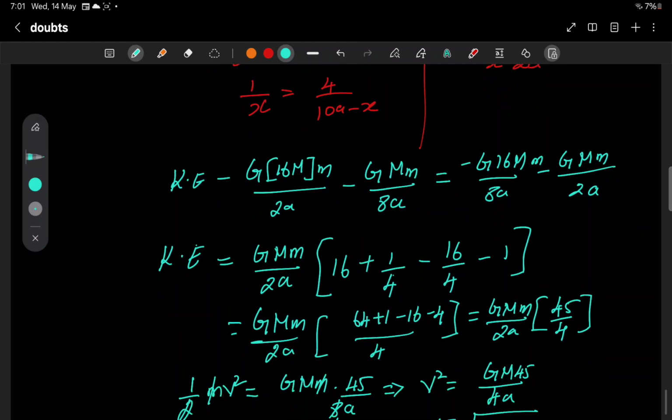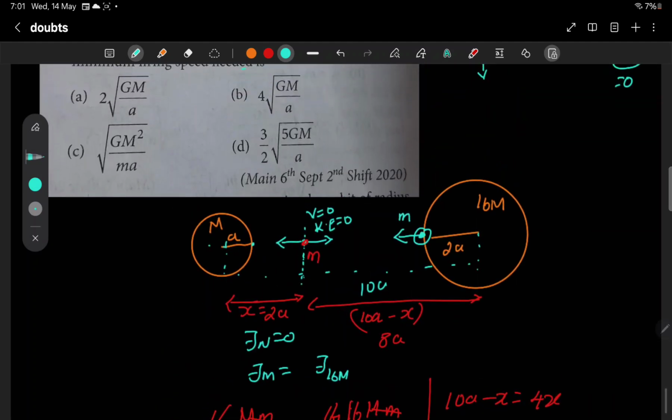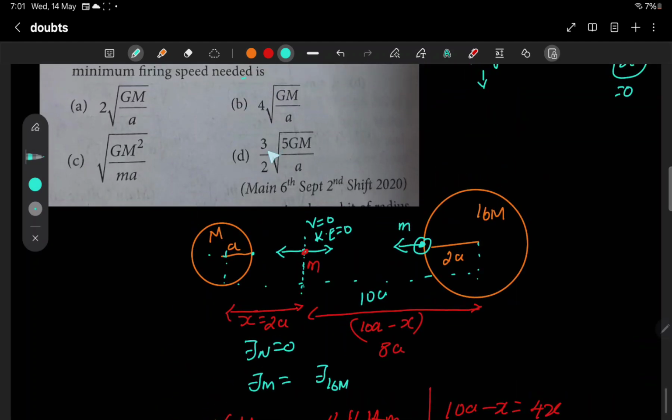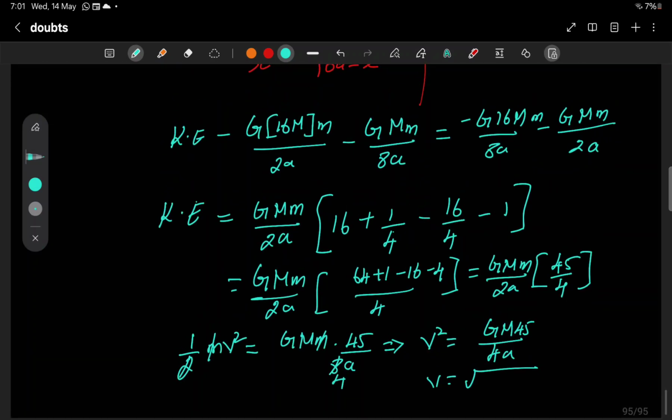Can we take something outside here? Here in the denominator we can take 2 outside. So 45 we can make into something. Here we have 3. Okay, some changes in this. Here I'll change this.